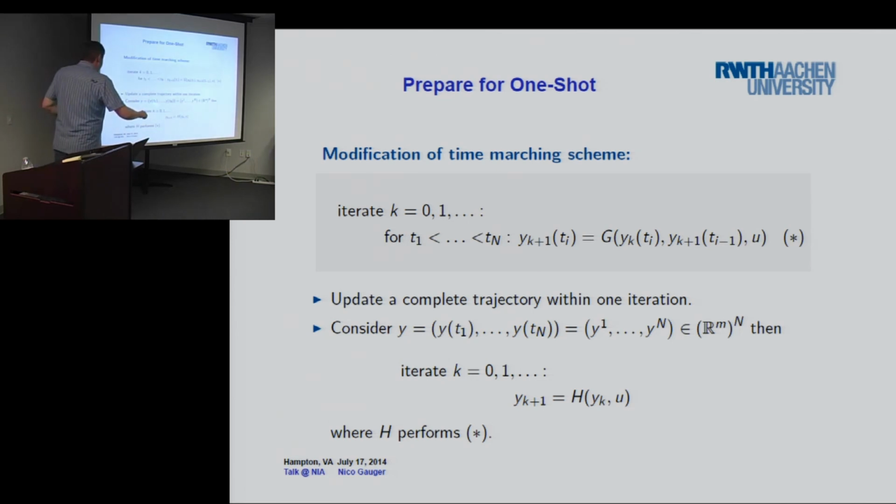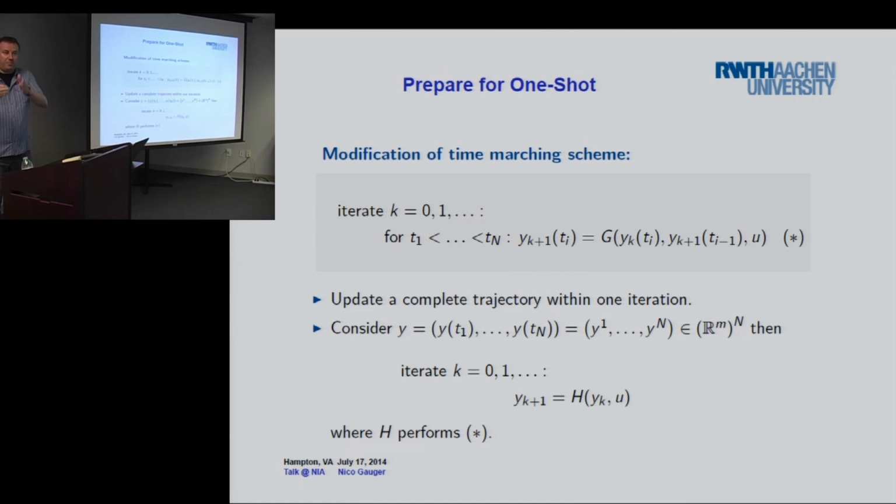So we consider updates in a vector of states, a vector which contains vectors of states, with respect to physical time steps T1 to Tn. So we have some updates G alongside the whole time trajectory. For this new state in this product space R^m to the power n, we denote the function h.